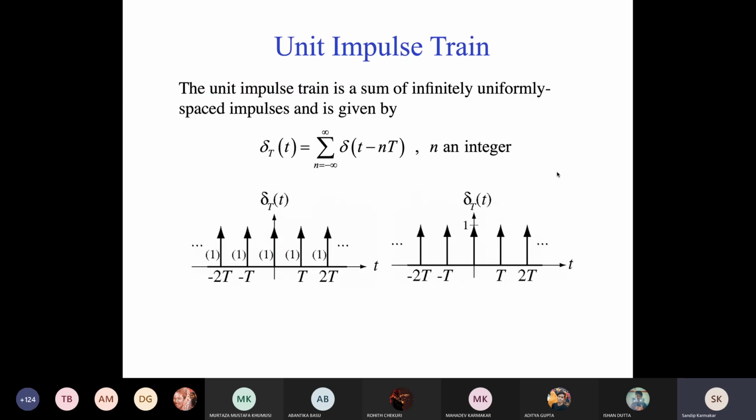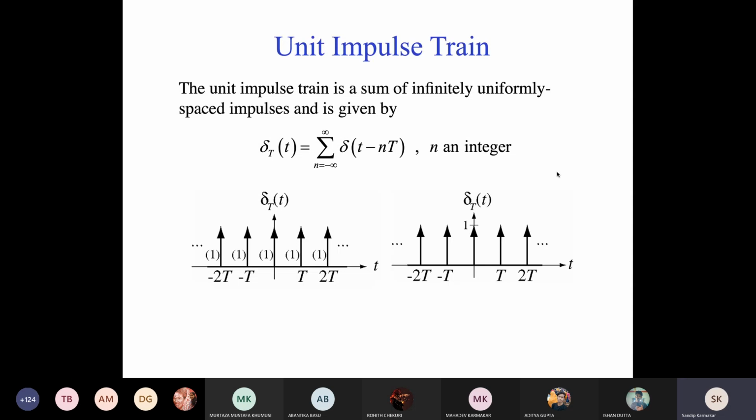Now, the unit impulse train. The unit impulse train is the sum of infinitely many uniformly spaced impulses and is given by delta_T(t) equals the sum over n from minus infinity to plus infinity of delta(t minus nT), where T is the period and n is an integer.